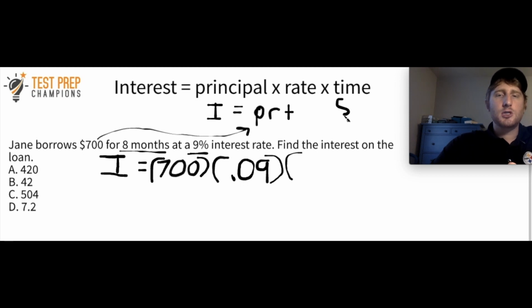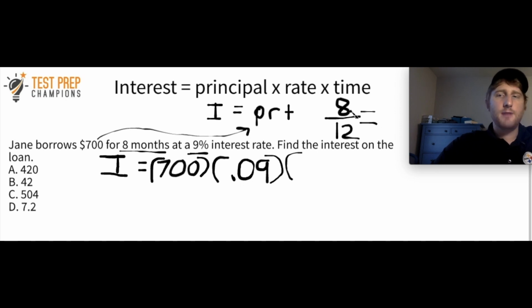What you really want to do is remember that it's 8 over 12. If it said 8 years, you would simply plug in 8, but it doesn't say that, it says 8 months. So since it says 8 months, you have to do 8 over 12. And if you stopped here and just put in 8 over 12, you would still get the right answer. But every GED textbook that I've ever taught out of, for some reason, they always tell you to simplify it here.